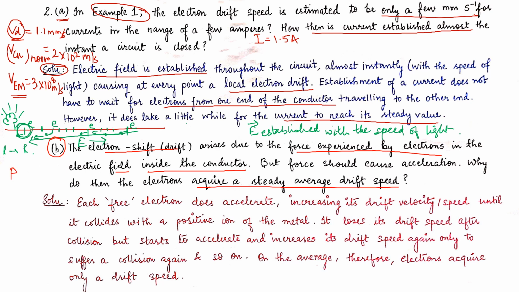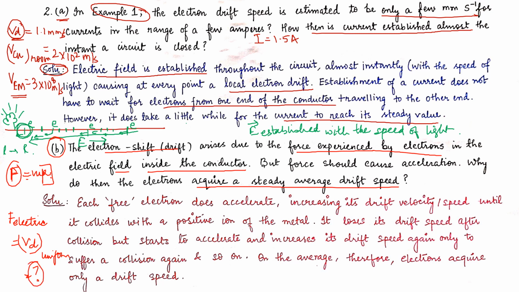See, we have force equals ma, mass into acceleration. Whatever force we apply to anything results in acceleration. Then the force applied by the electric field causes Vd, which is uniform. Why is this happening? That is the question.